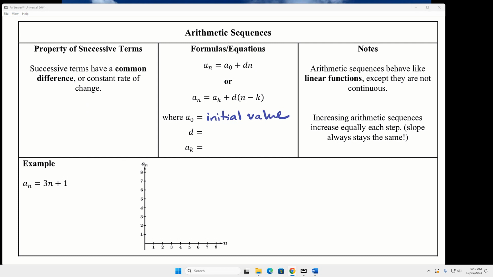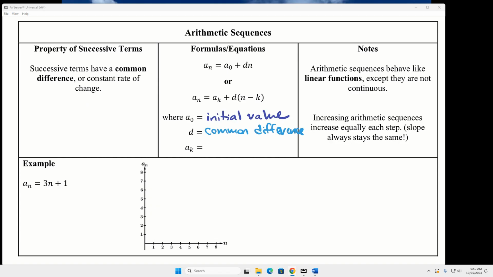And D is the common difference. So it looks a lot like slope-intercept form. And I probably told you I don't really like slope-intercept form either. It's just not that helpful, but that's okay. It's helpful if you want to graph, but that's the only time it's helpful.